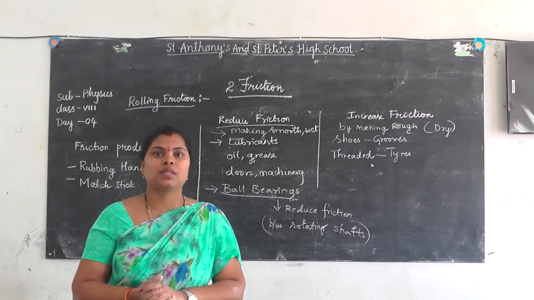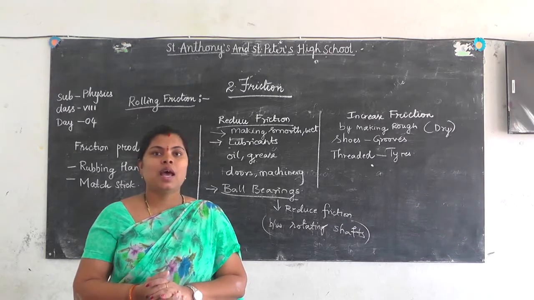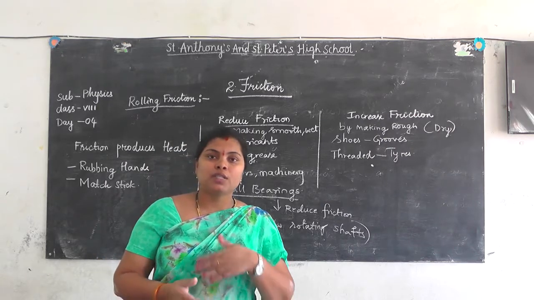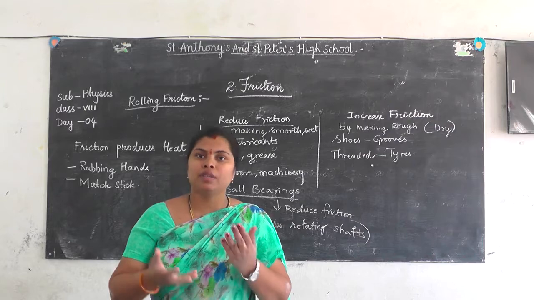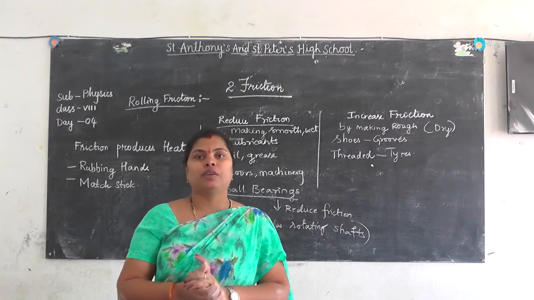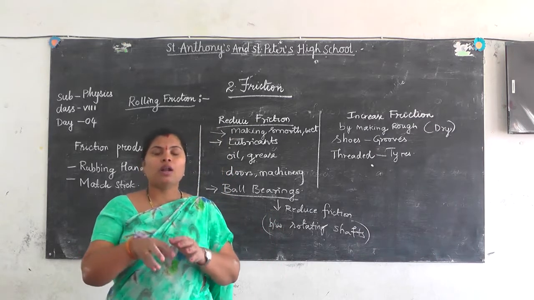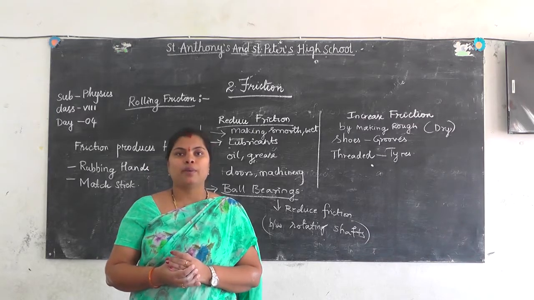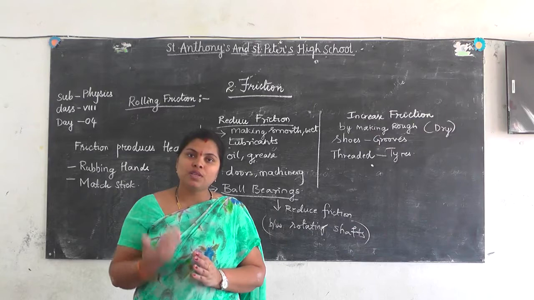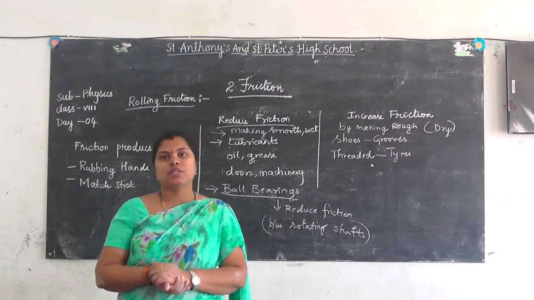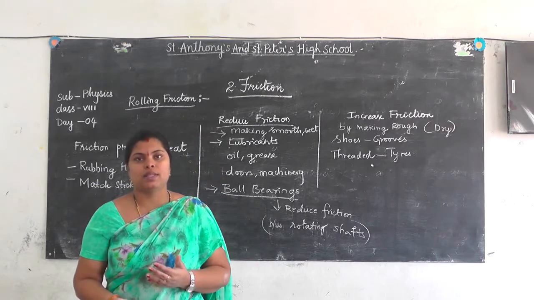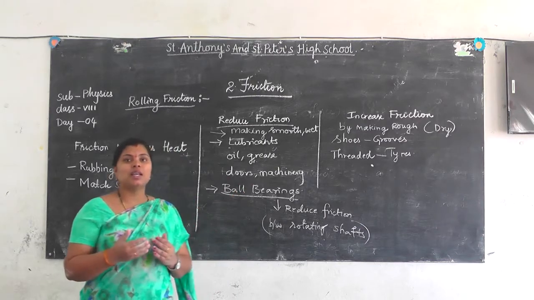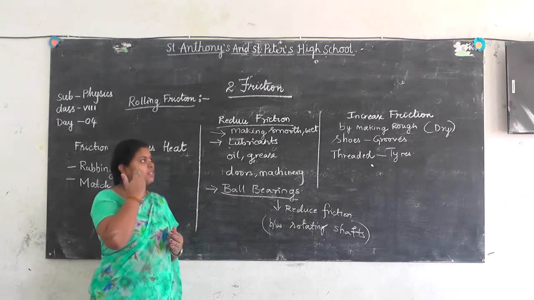It means friction is necessary in our everyday life; if it is more we have some difficulty, if it is less we have some difficulty. In order to avoid such problems, according to our requirements, we need to reduce or increase the friction. So what are the ways to reduce or increase the friction? Let us discuss in detail in this session.